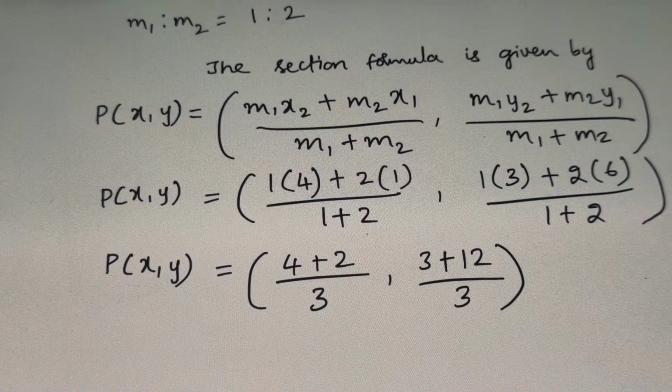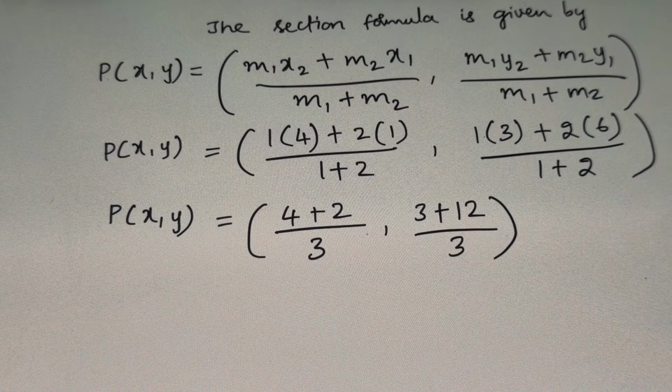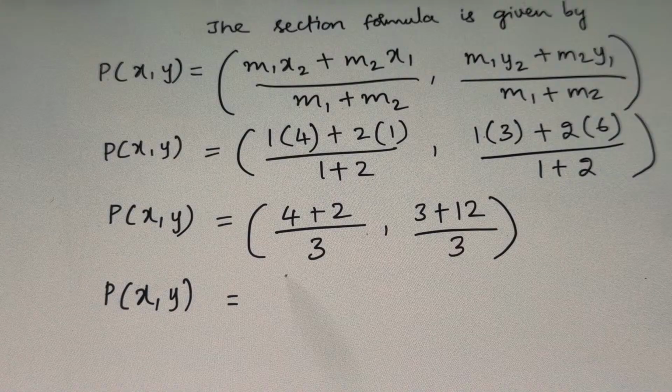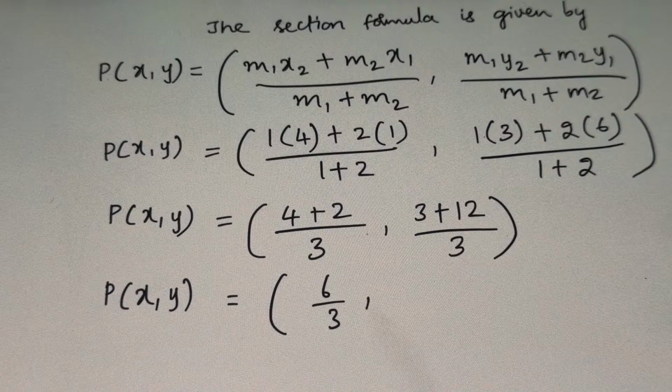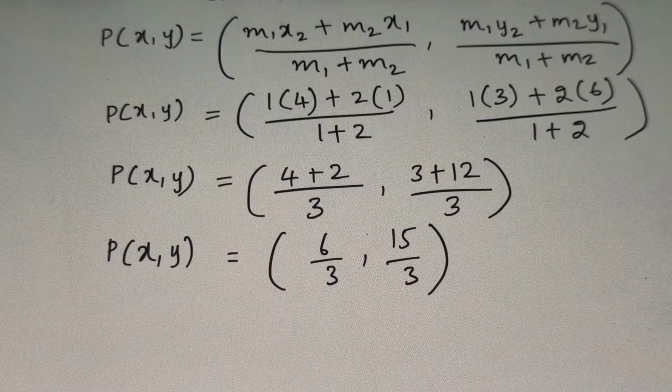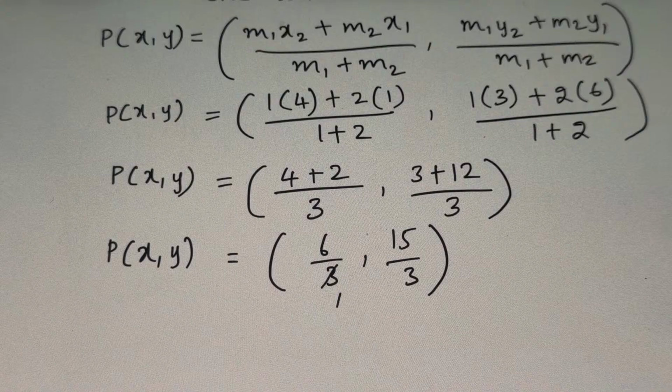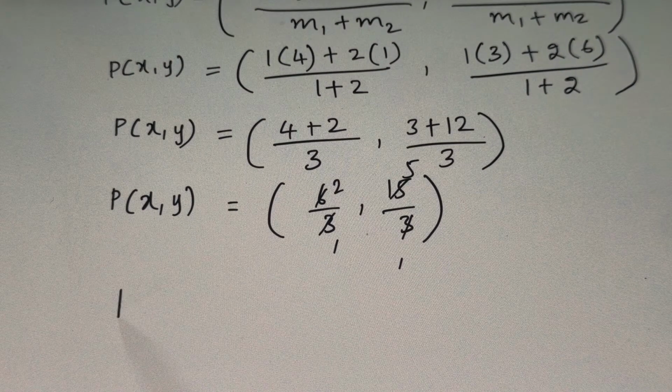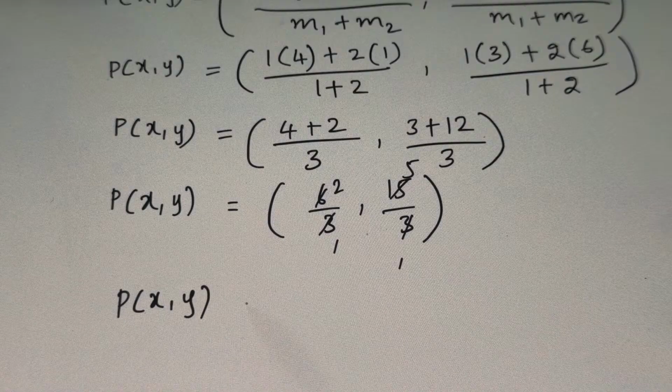So P of x comma y is equal to 4 plus 2 is 6 by 3 comma 3 plus 12 is 15 by 3. Now you have to divide by 3. 3 twos are 6, 3 fives are 15. So the point coordinates P of x comma y is equal to 2 comma 5.